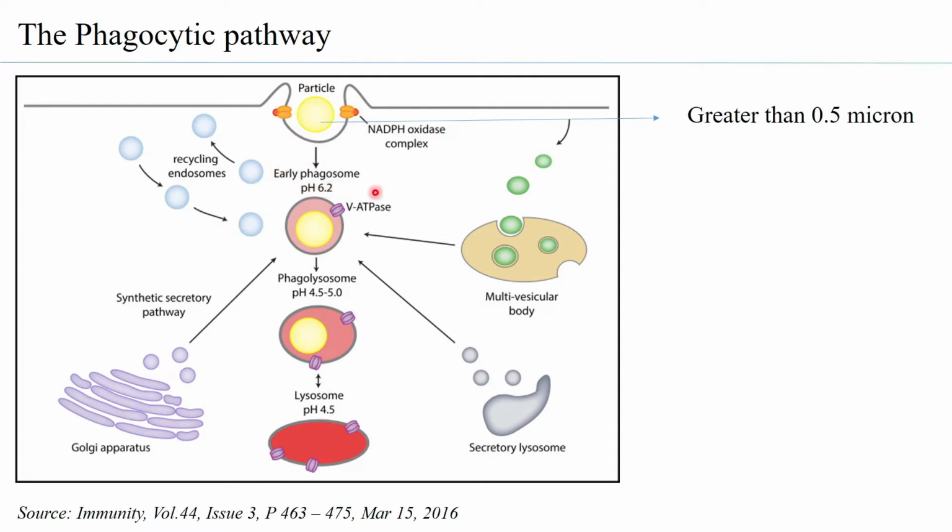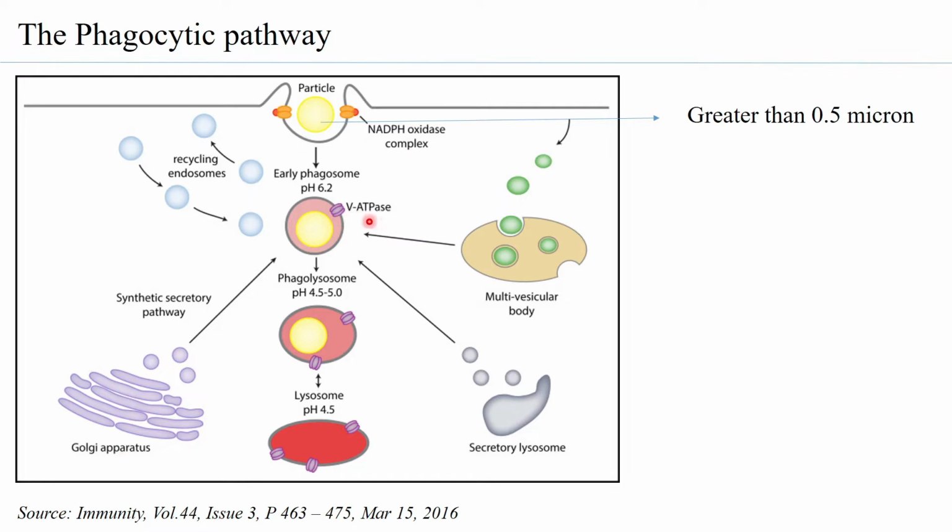This early phagosome is able to fuse with several different recycling endosomes present within the system, or it can also associate directly with the secretory lysosome, and on its surface, what is apparently found to be present through the Golgi apparatus is the vesicular ATPase.